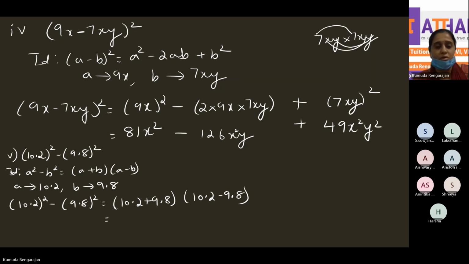Yes, ma'am. All right, so this one is 20, right, into 0.4, correct? 10.2 plus 9.8 is 20. 10.2 minus 9.8 is 0.4 and the product is 8.